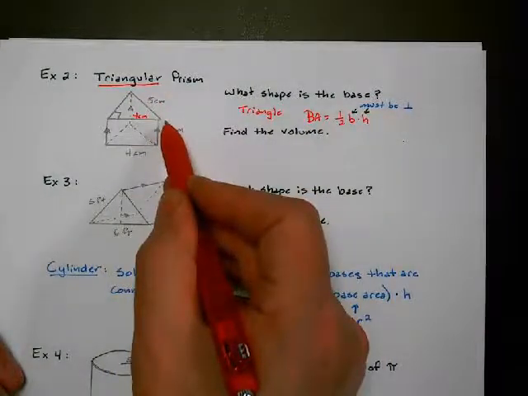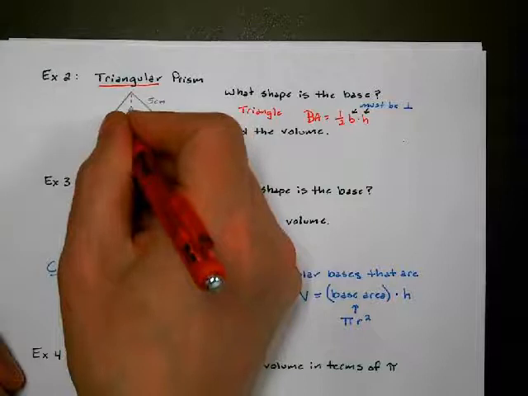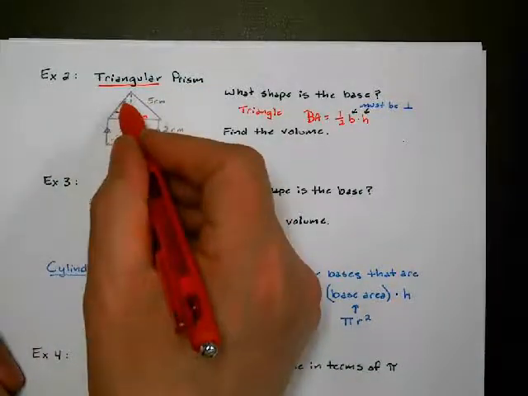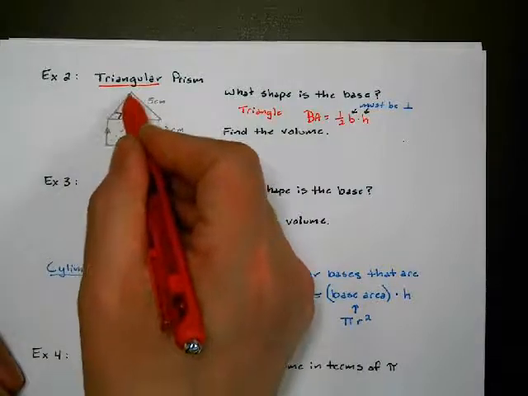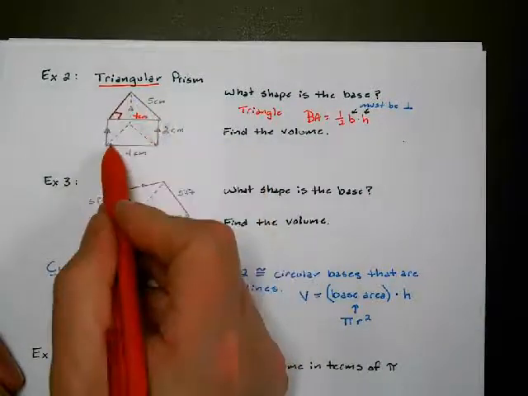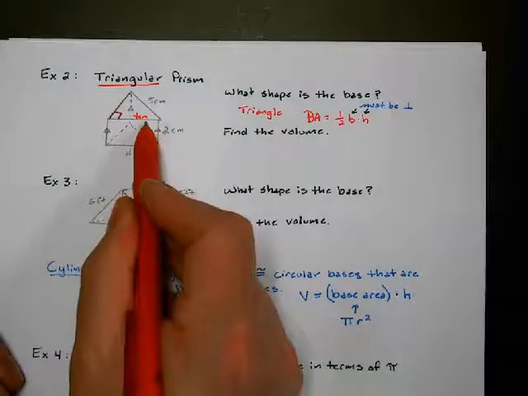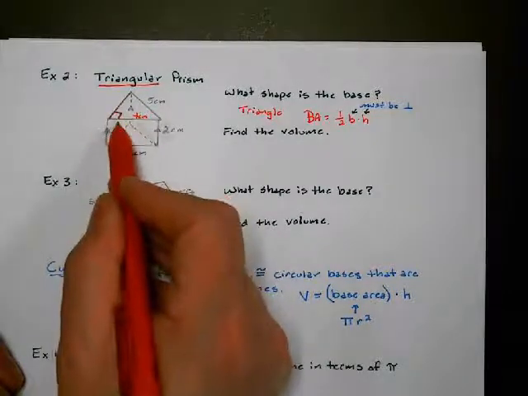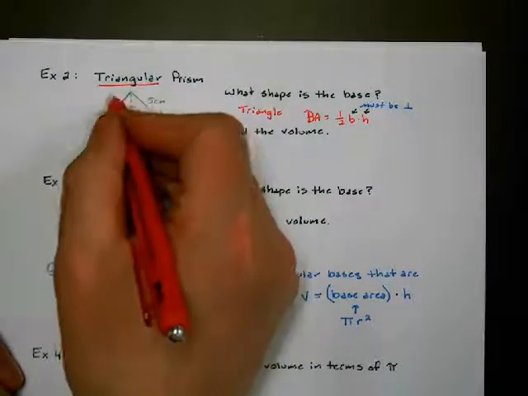Now I do have over here that this is 90 degrees. So this side right here and the 4 side would be the base and the height because they're perpendicular to each other. I just need to know what that side is.